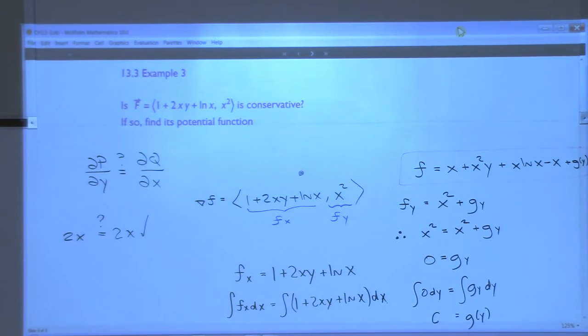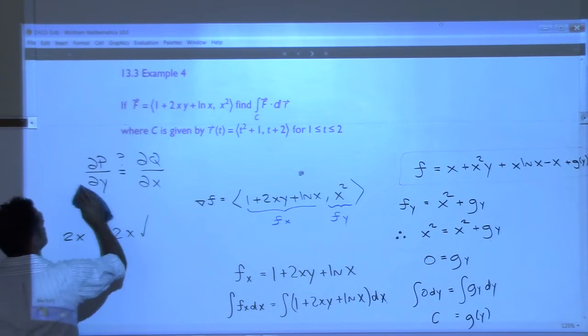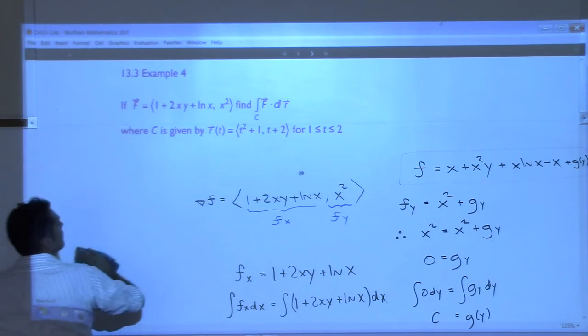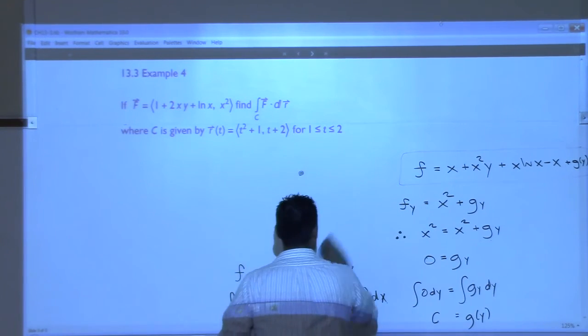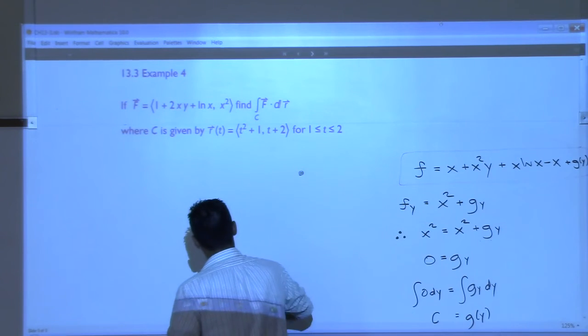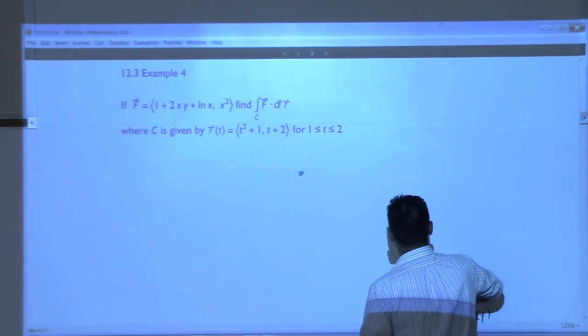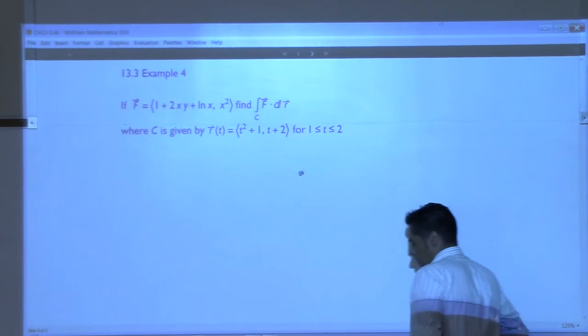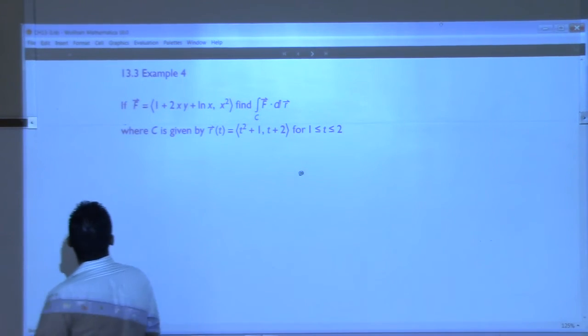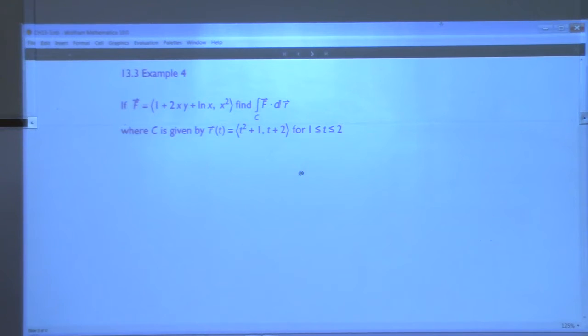Any questions? Okay, let's use what we have just learned. Take a look at this one. I shouldn't have erased that. Oh well. It says, check it out, everyone. We have this vector field.